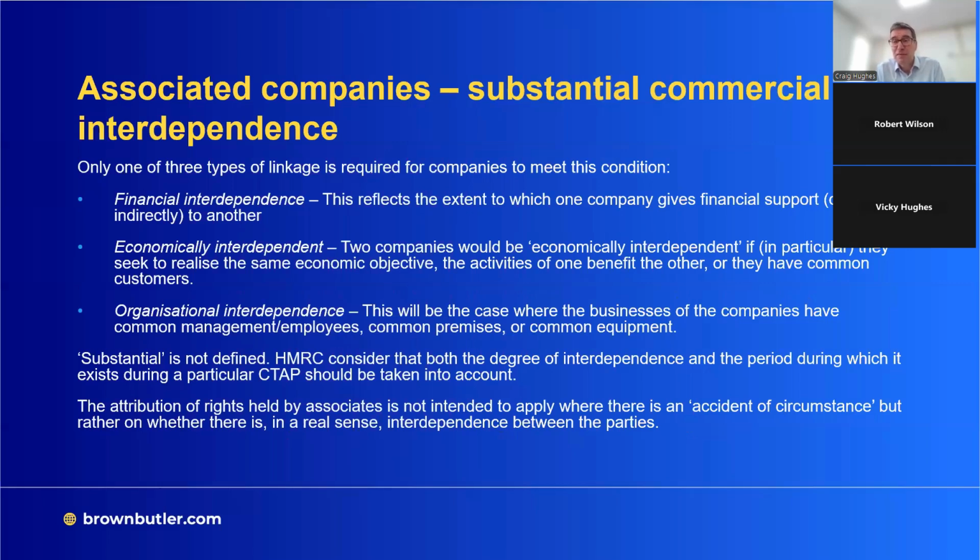Perhaps very often you get that in family type businesses where there might be a central HQ, but then various businesses that are run out of there. The term substantial isn't defined anywhere, rather unhelpfully. HMRC consider that you look at both the degree of interdependence and the period during which it exists.